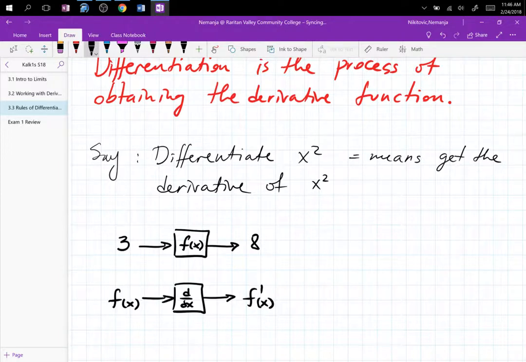We call these operators. So operations change numbers into different numbers, and operators change functions into different functions. So we are going to regard integrals and derivatives as mathematical operators. They are going to change the function.